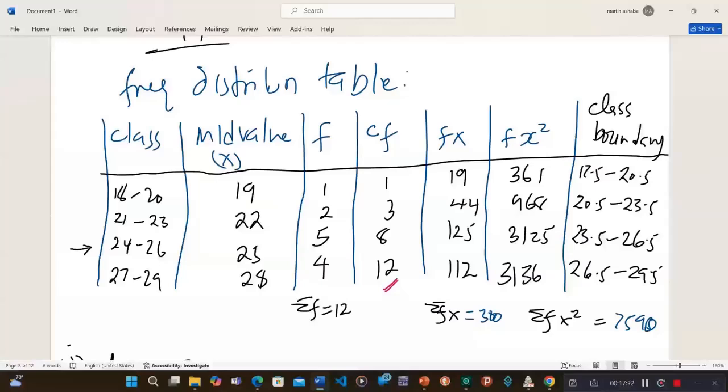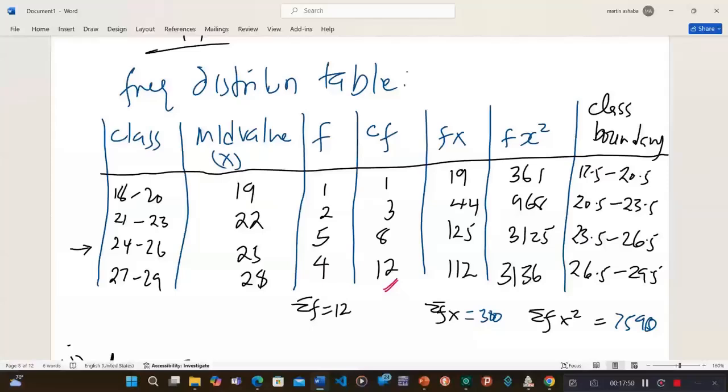We said if you have such a kind of distribution, and you have your classes in this manner, then you have to get 18 minus 0.5, then you add 0.5 on 20. This is because these values are to 0 decimal places. If it is to 1 decimal place, then the value would change.